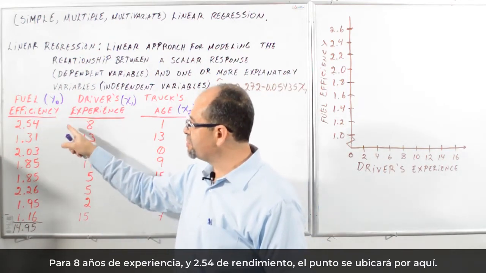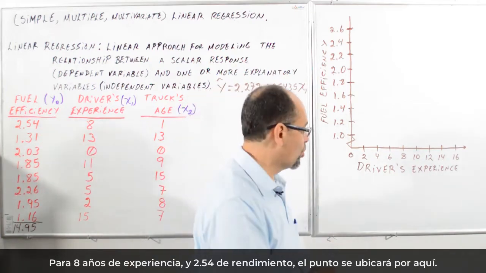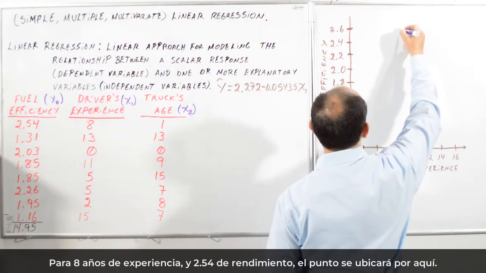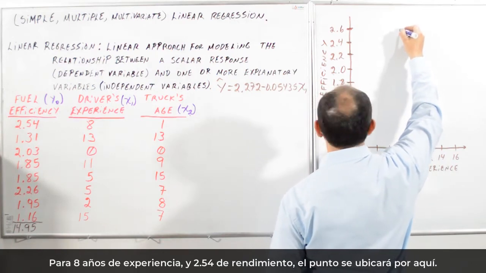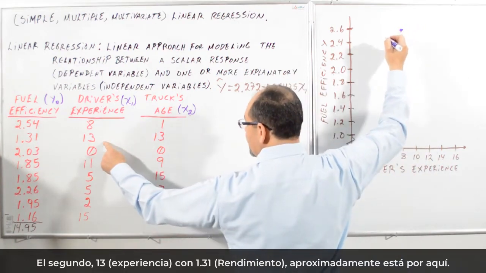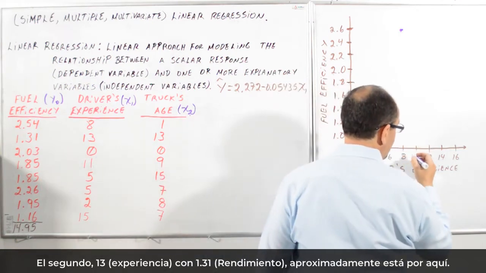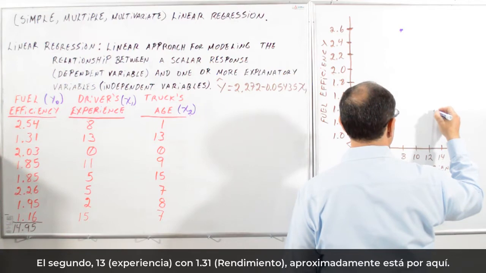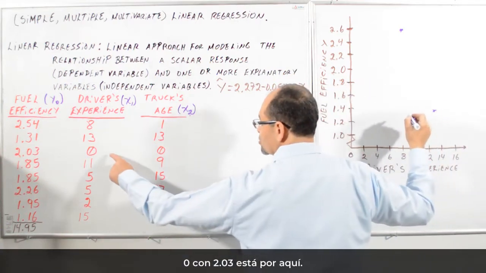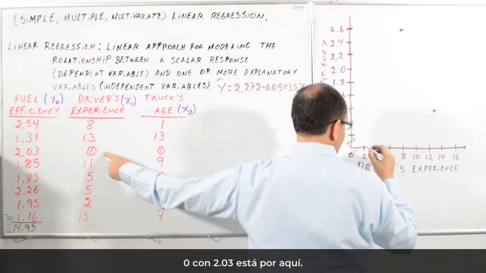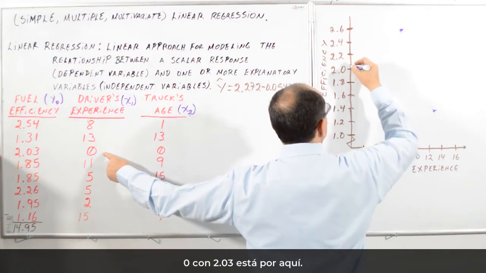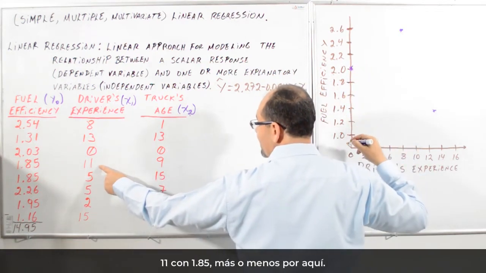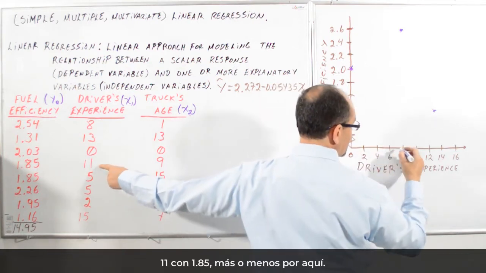8 years of experience, 2.54. That will be something like here. Second one, 13, 131. Maybe something like this one. 0, 203. Maybe something like this one. 11, 185.